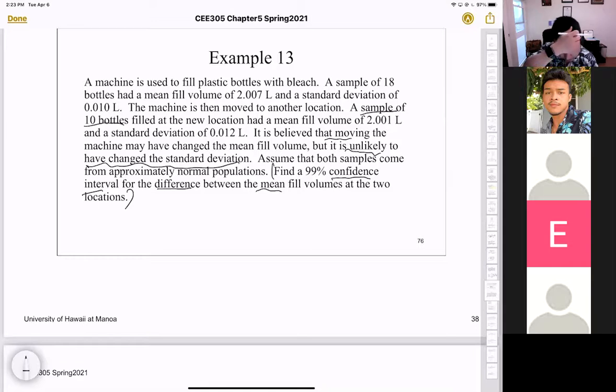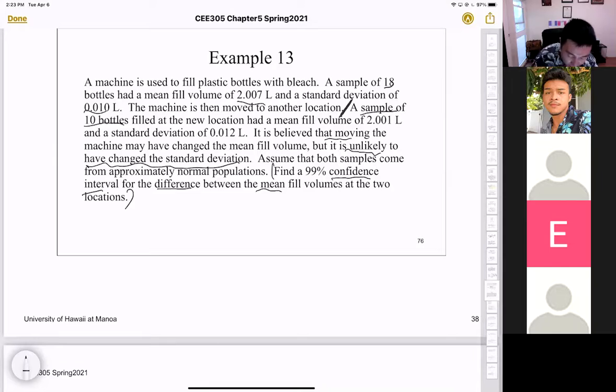Okay, so let's read the question. A machine is used to fill plastic bottles with bleach. We have a sample of 18 bottles, which has a mean of this and a standard deviation of that. Then the machine moved to another location.